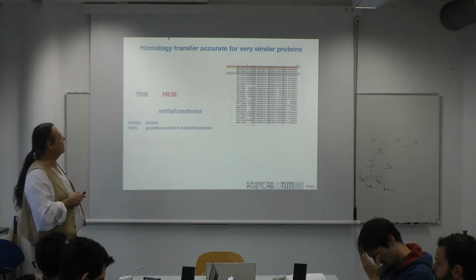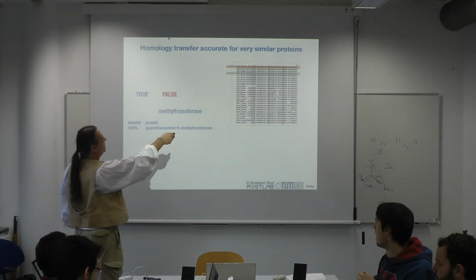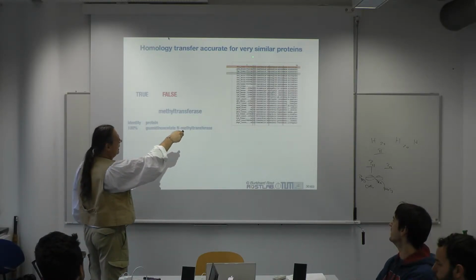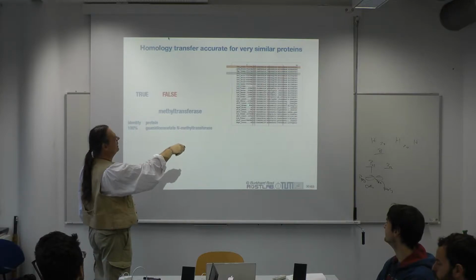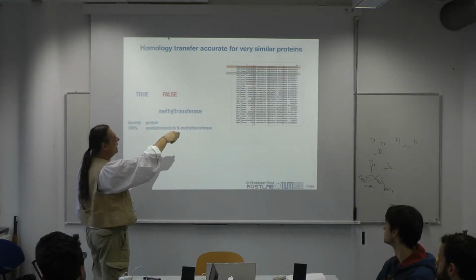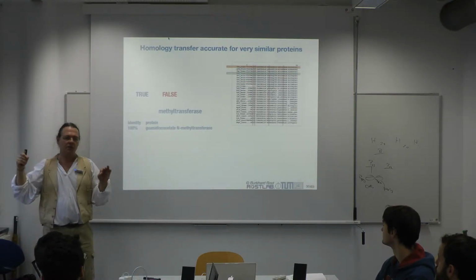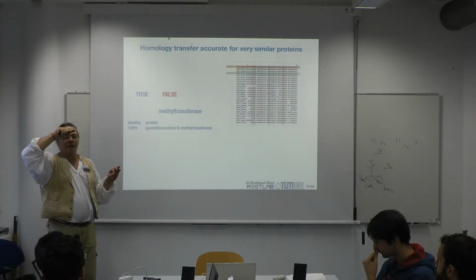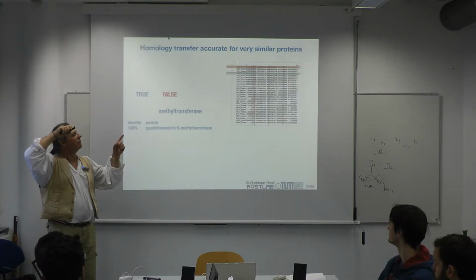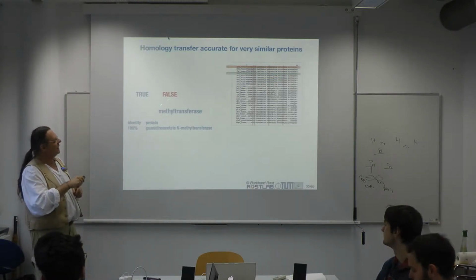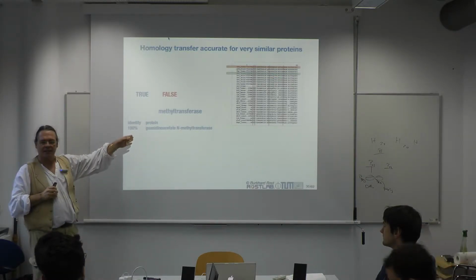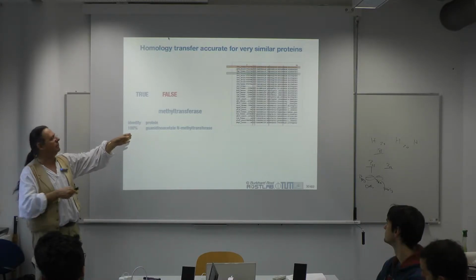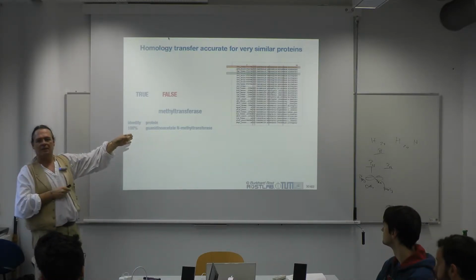So again, what homology inference is: I start with a sequence here, and I align it against a family, in this particular case here, and whenever I hit on something that has an experimental annotation, I say, okay, this is my annotation that I will use for that protein up there. In this particular case, I make an example in which I want to infer that the protein I look with is a methyltransferase.